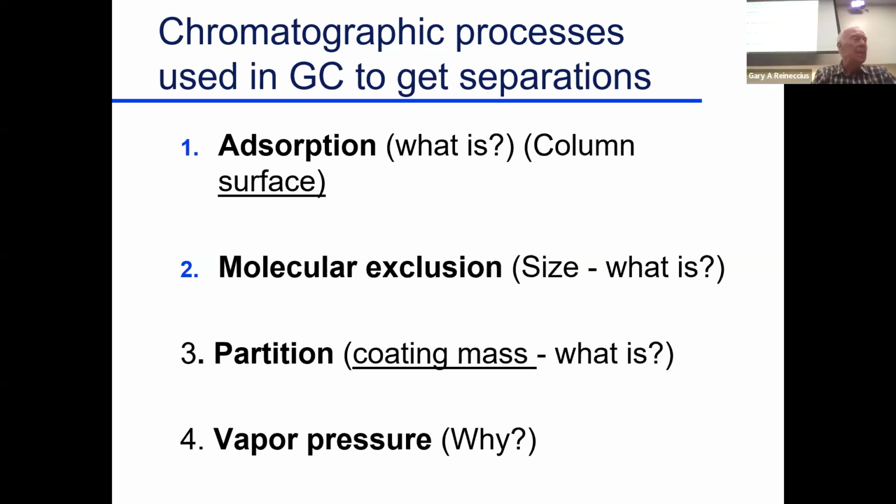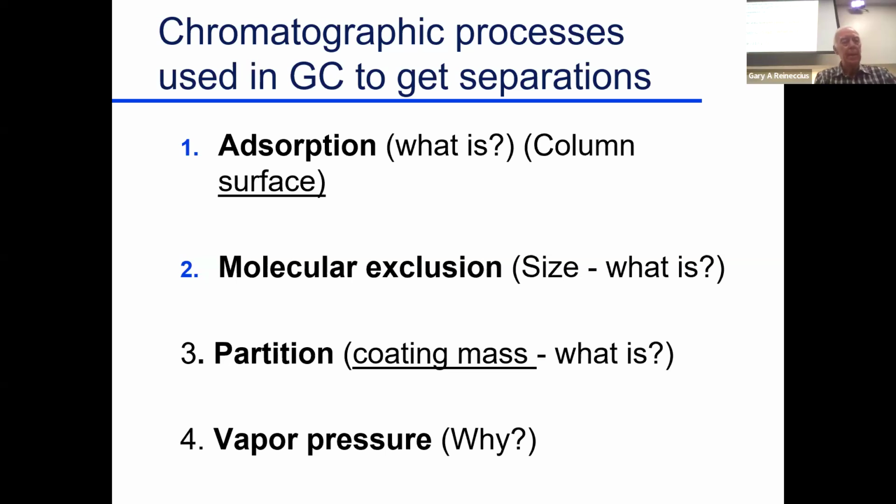You can actually use not a column that is a surface and it dissolves in the column, but simply you get an interaction with the surface of the column only. And so adsorption, we look at analytes adsorbing onto the surface inside of a column. And so your column surface is very important.